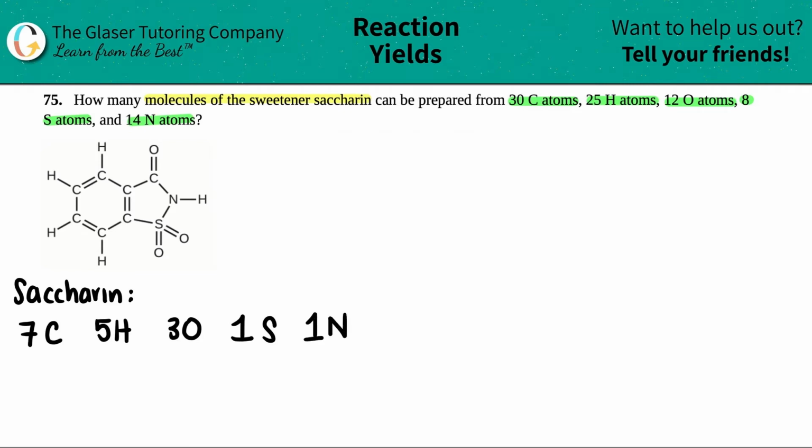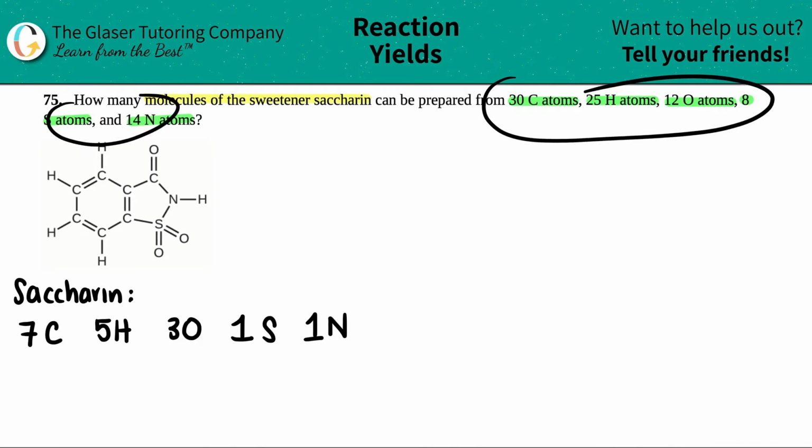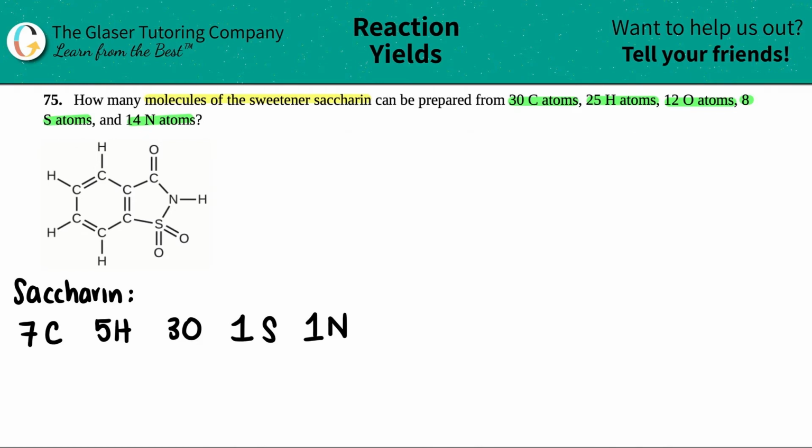Okay. So now let's write down everything that they gave us. All right, so we have 30 carbon, 25 hydrogen, 12 oxygen, 8 sulfur and 14 nitrogen.